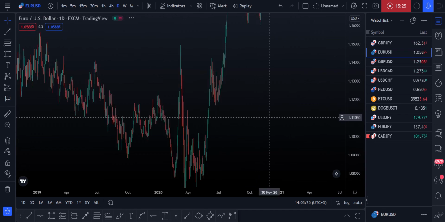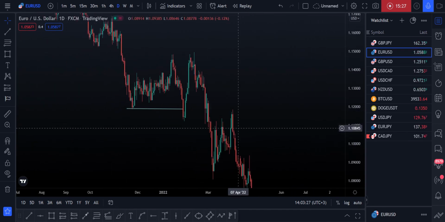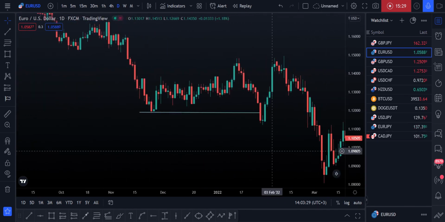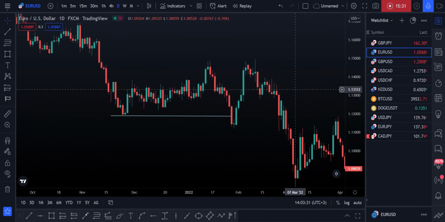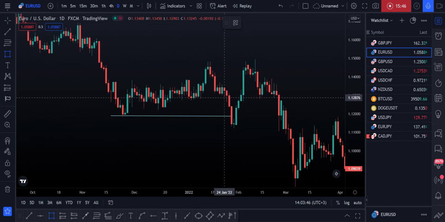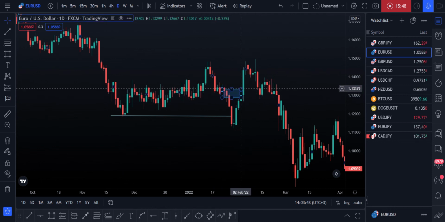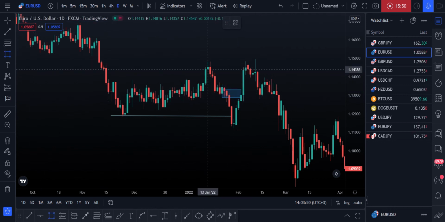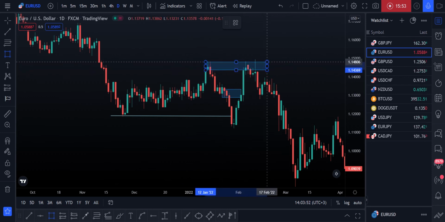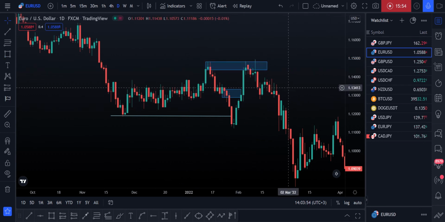So we go to the daily, and looking onto the daily, we can see this is the break of structure. We have some bit of supply here, and then we have this push here. So in this case, we have two types of zones. We have this here, then we have this up here. There was a big push off this zone.